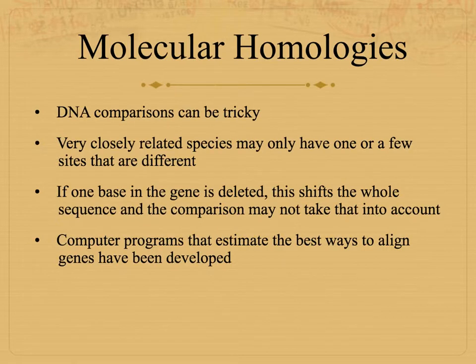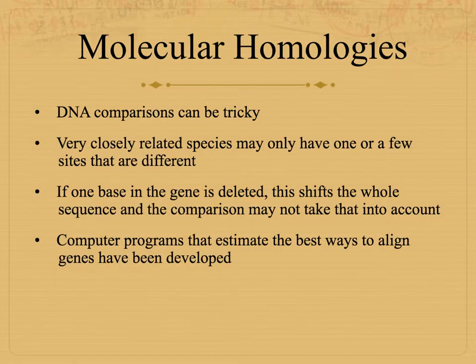Okay. Then we can also look at that DNA that we've been talking about and comparing DNA. DNA comparisons can be very tricky. Thankfully, we have computer programs that help us estimate the best ways to align the genes. And so we can rely on our computer programs to do this instead of trying to go through the painstaking work of looking at hundreds, even thousands of base pairs.